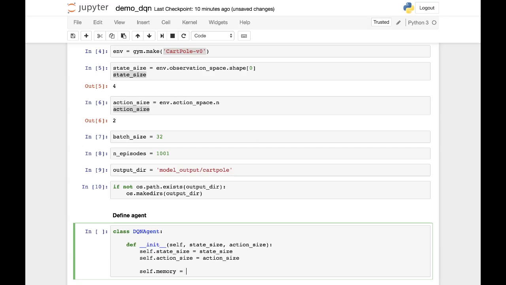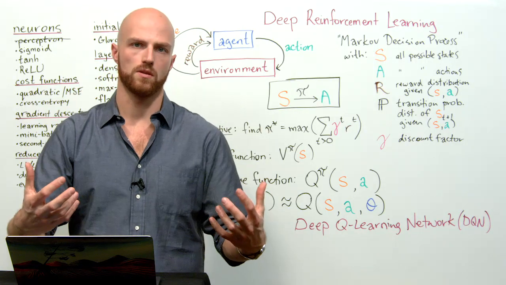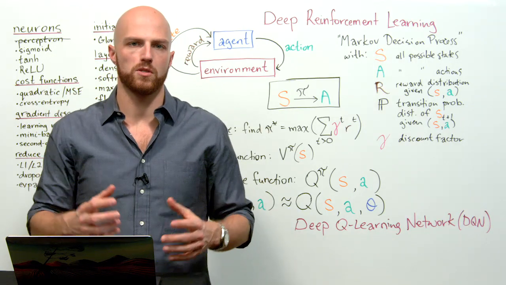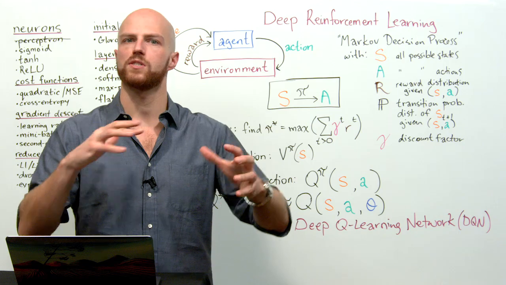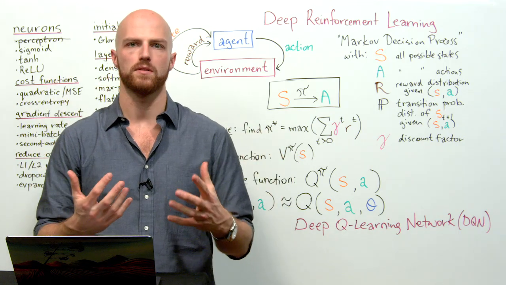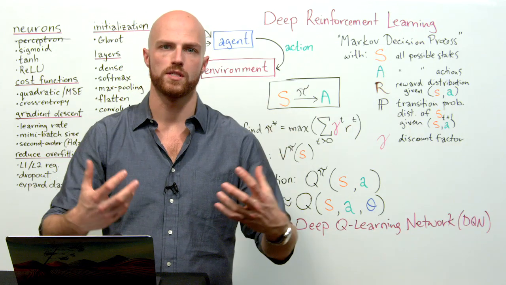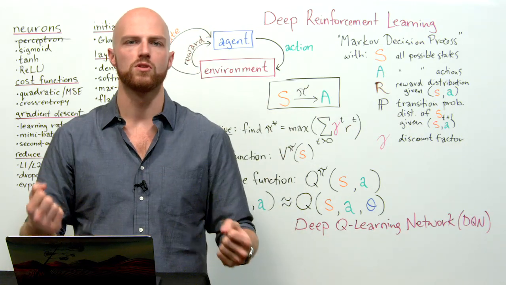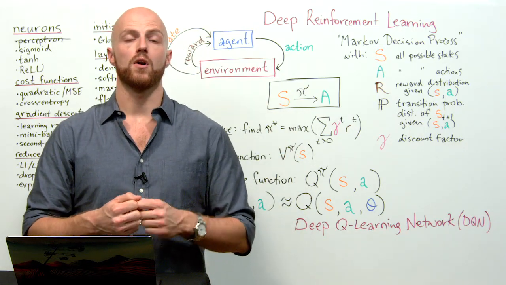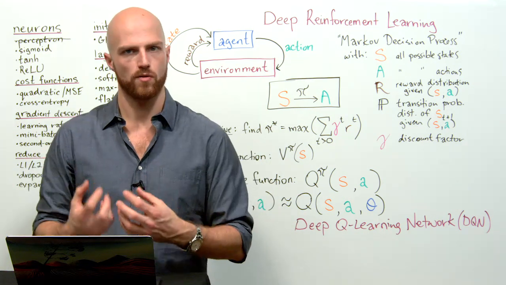And we're going to define our memory. So remember that I just said we're going to play 1,000 episodes of the game. And on each episode, we're going to randomly remember some of the events that happened, some of the state and action pairs and rewards, and we're going to use those memories and replay them to actually train our model.